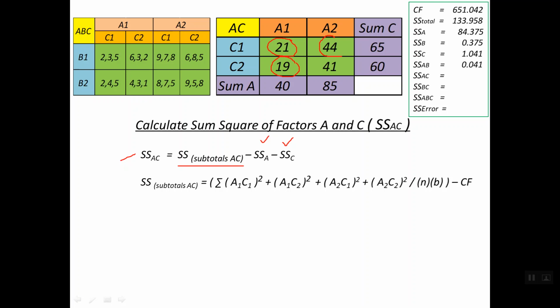This group represents A2C1, and this group represents A2C2. So we take this value, square it, and divide it by the number of observations in one of these groups.